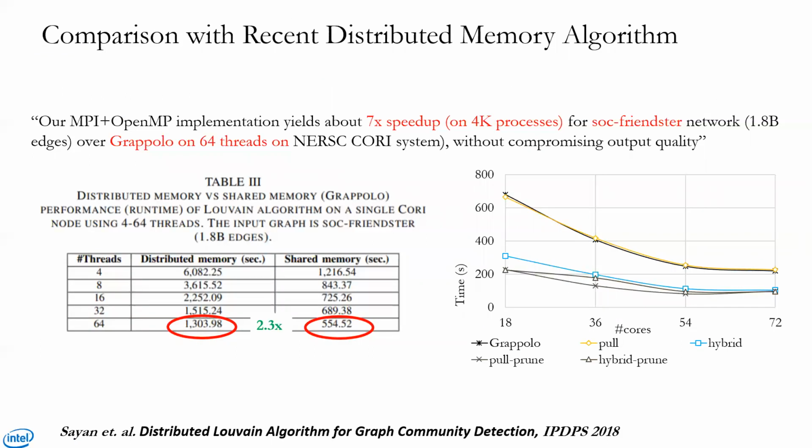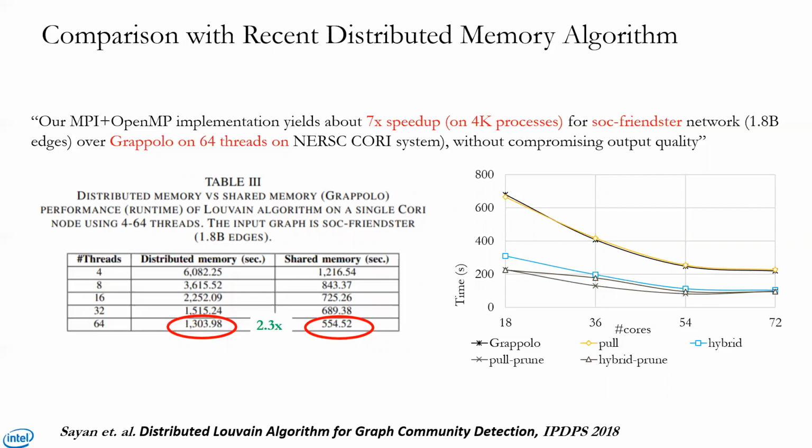If we compare this with recently published distributed memory performance data in the light of how they compare against Grappolo, on the Friendster graph, we see that on 4,000 processors of Haswell machine, the distributed memory algorithm is 7x faster than the Grappolo algorithm running on 64 cores.